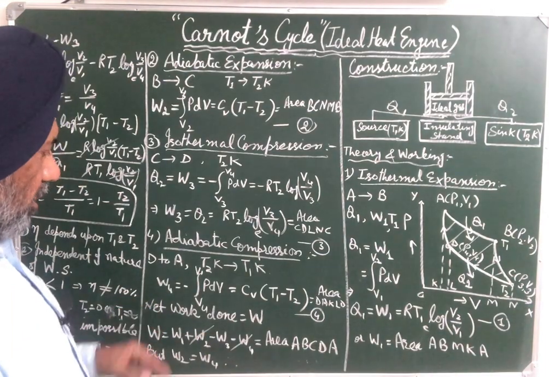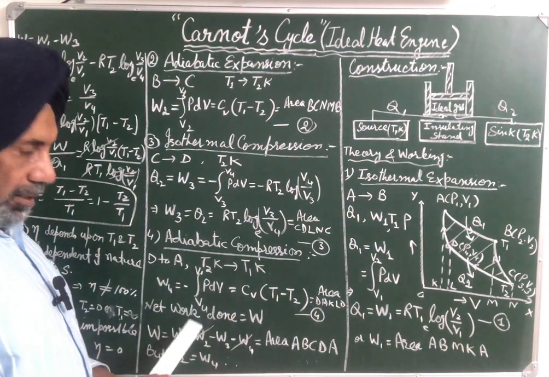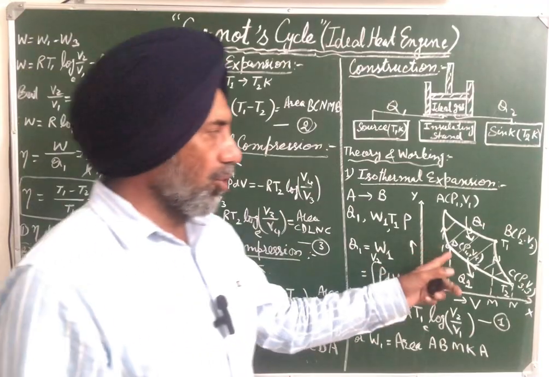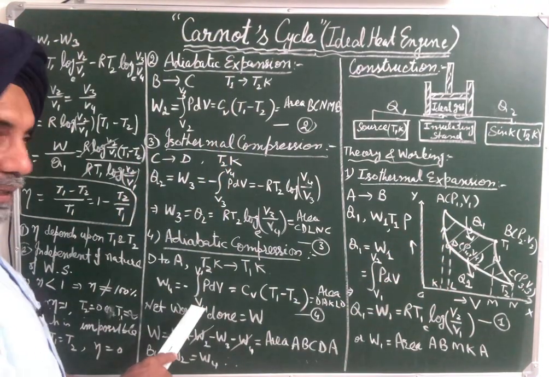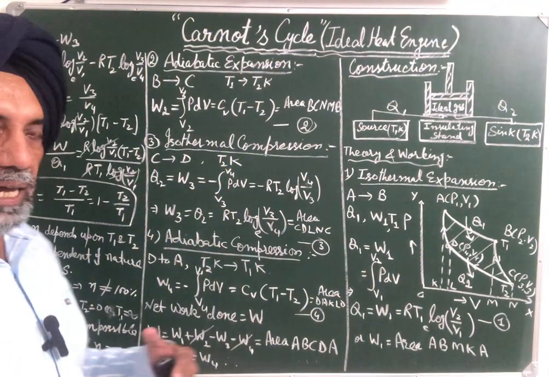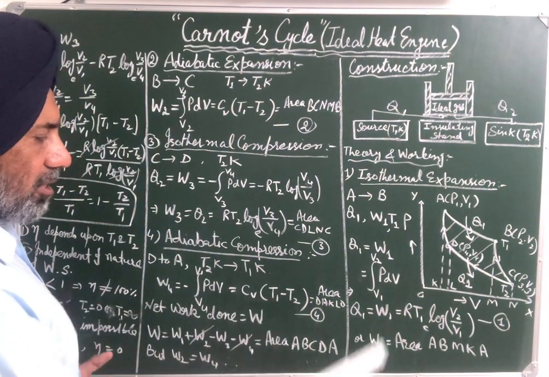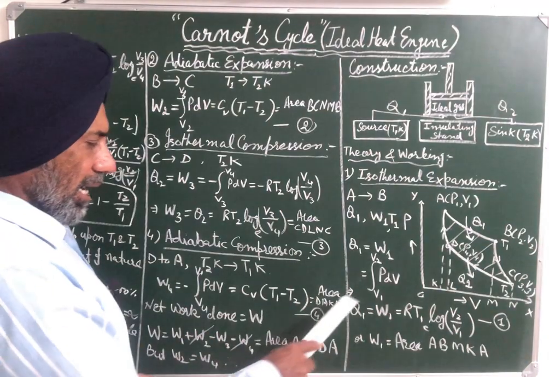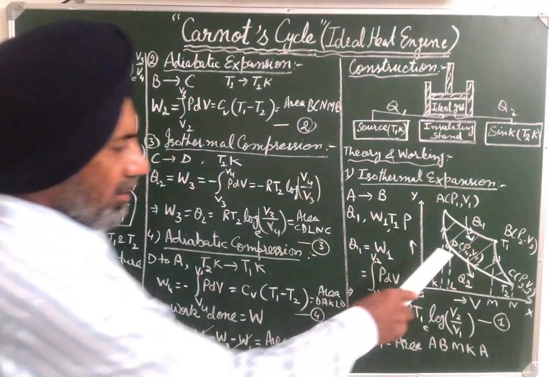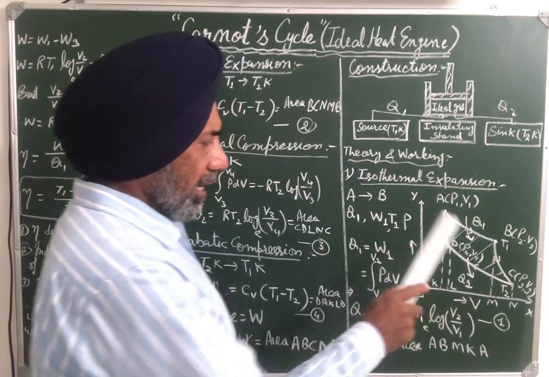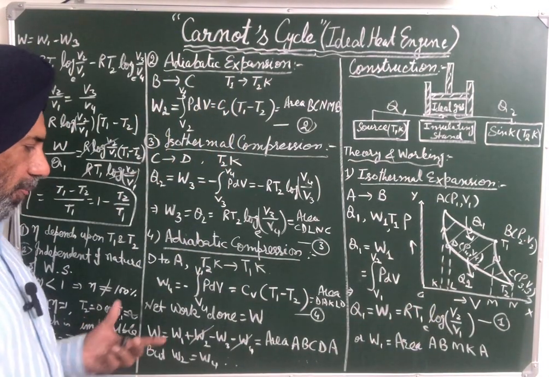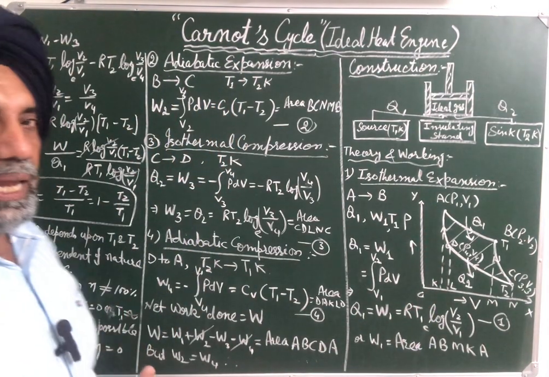Work done W4 is given by, from V4 to V1, the integral of PdV, with a negative sign because work is done upon the gas, upon the system. It will be CV (T1 minus T2) again, can be proved. So this is the work done during adiabatic compression.